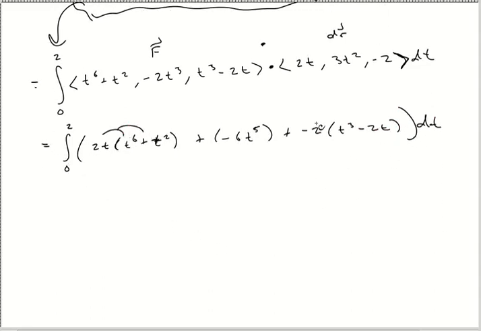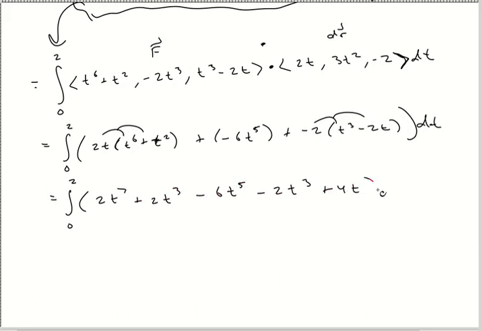Go ahead and distribute. Let's try to make this a little bit better. So then I got 2t to the 7 plus 2t cubed minus 6t to the 5th minus 2t cubed, and then plus 4t dt. Right here, these guys are going to cancel, so that's a little bit better.